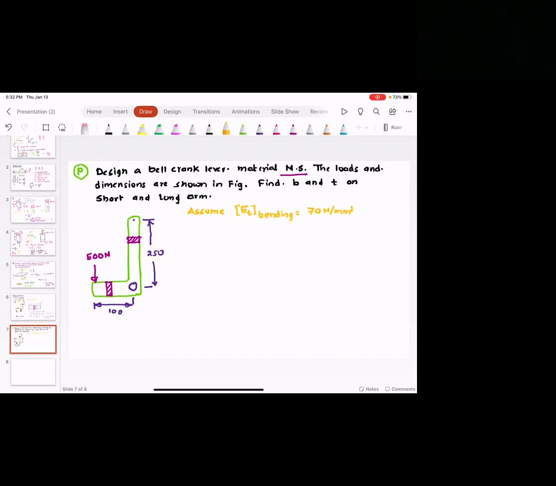So first and foremost, I'm going to design the short arm side. So I'm going to assume B by T ratio of 4. This is an assumption. So B is equal to 4 times T. Please note, this is an assumption.